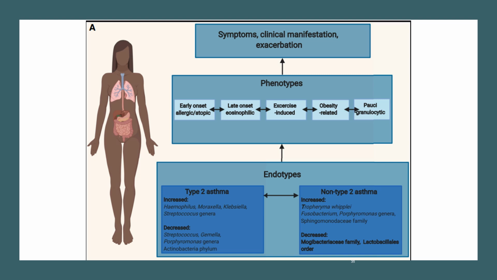Now, in non-type 2 asthma, we saw an increase in definite inflammatory groups of bacteria like Fusobacterium and even Porphyromonas. But then we interestingly saw a decrease in certain families like the Lactobacilli family and the Lactobacilli order, which is often associated with a healthier gut microbiome and a healthy lung microbiome as well.